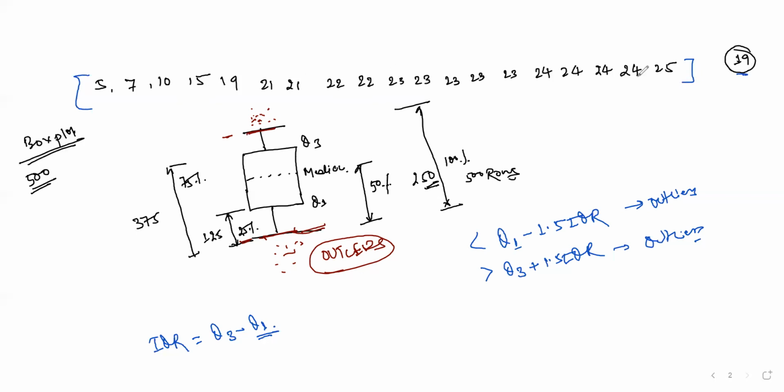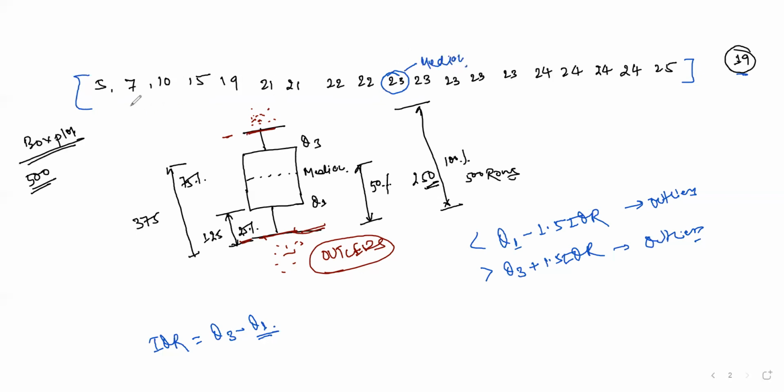So the median will be the middle one, which is the 10th value. So 1, 2, 3, 4, 5, 6, 7, 8, 9, 10. So this is your median value.